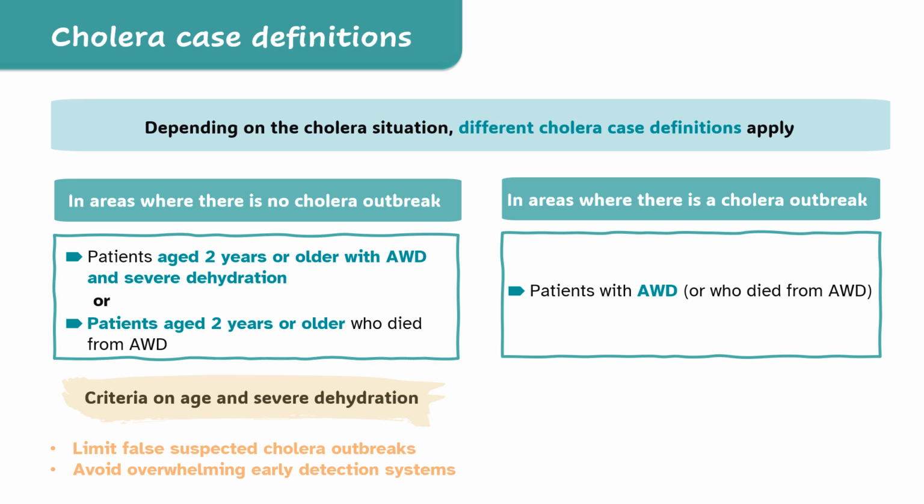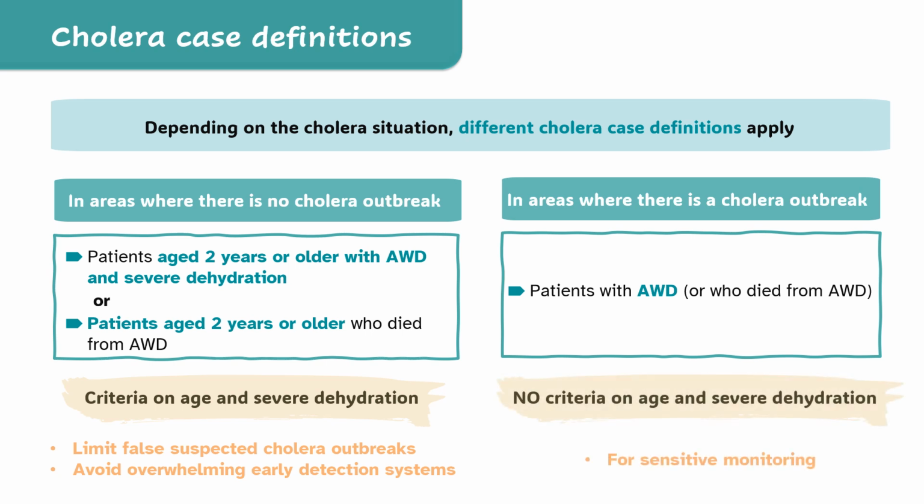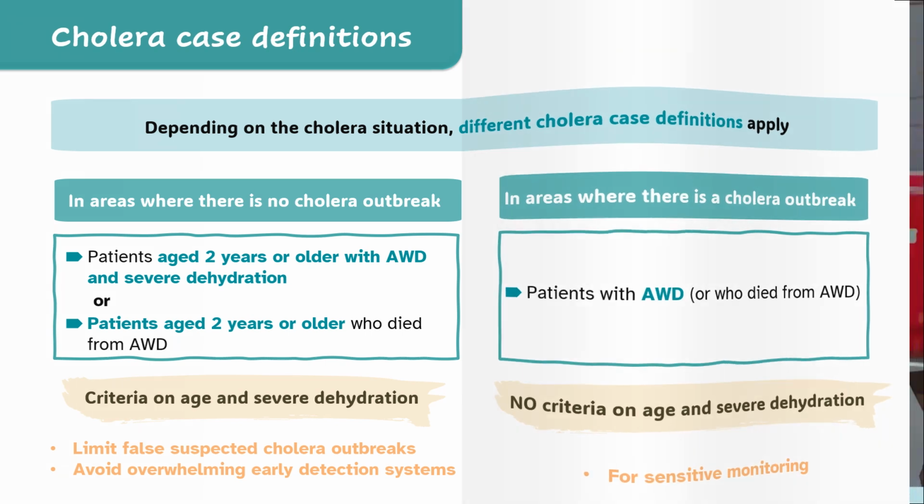This avoids overwhelming the surveillance system with false alarms, which would decrease the effectiveness of early detection. On the other hand, in geographic areas where there is a cholera outbreak, age and severe dehydration are not considered to identify patients with suspected cholera. This is to ensure a sensitive monitoring of an outbreak.